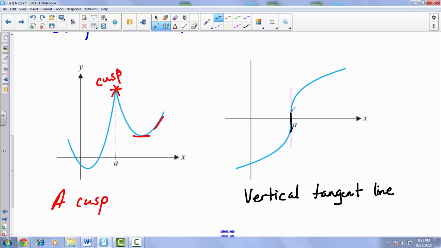And as a result, it's not differentiable. So that would be the reason why this last one is not differentiable, because you would literally have a tangent slope that goes to infinity. All right. So again, that is example 1 from our 2.2 number 3 set of notes.